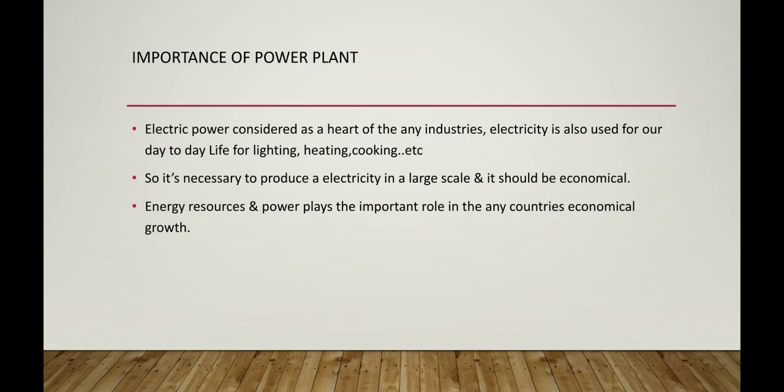So it is necessary to produce electricity on a large scale, and it should be economical. This point is very important. Energy resources and power also play an important role in any country's economic growth.